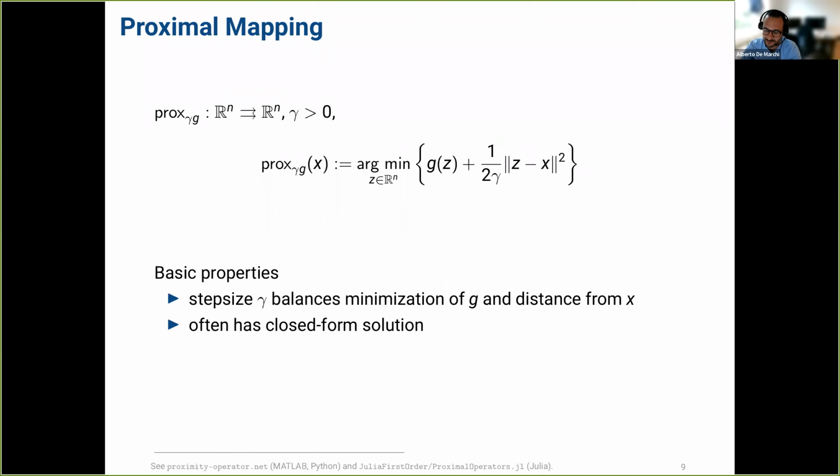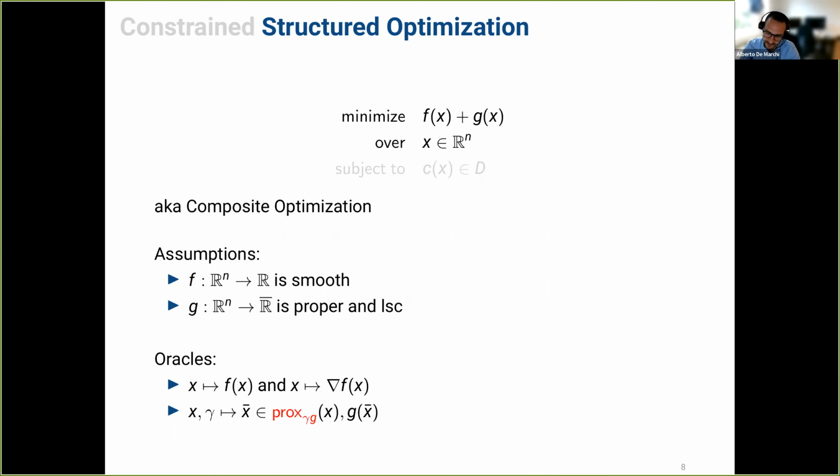So it is usually very efficient to evaluate. And once we have evaluated the proximal operator, it's usually also very cheap to evaluate g at the proximal point. That's why we have these oracles here: the proximal operator and the value at the proximal point.